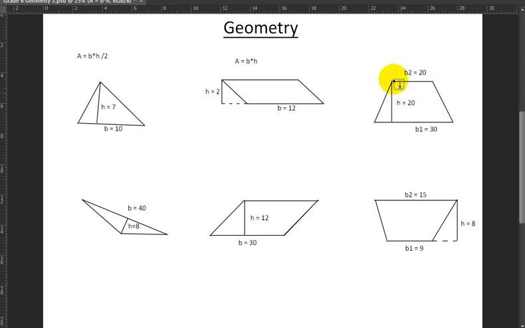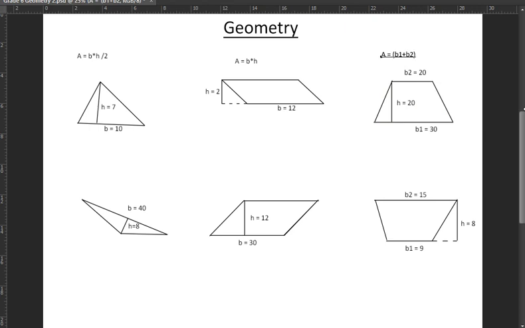And for the trapezoid, remember this is the most difficult one, the area is equal to the sum of the two bases. And it doesn't matter which one we call base 1 and which one we call base 2, just as long as you remember that the bases are two sides of the trapezoid that are parallel.